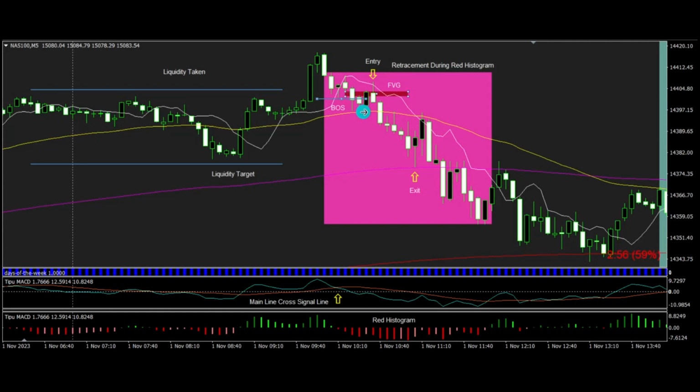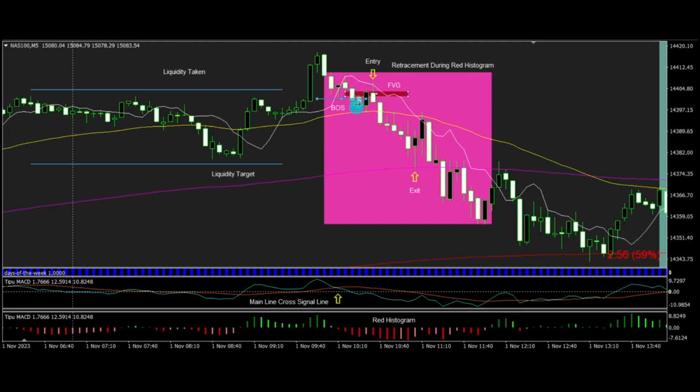Price reaches right back into the fair value gap, but closes below the 50% level, and it also closes outside of the fair value gap. This is a very important distinction. You want to pay attention to when the candle closes outside of the fair value gap. You'll see the main line crosses the signal line here and goes below zero here.